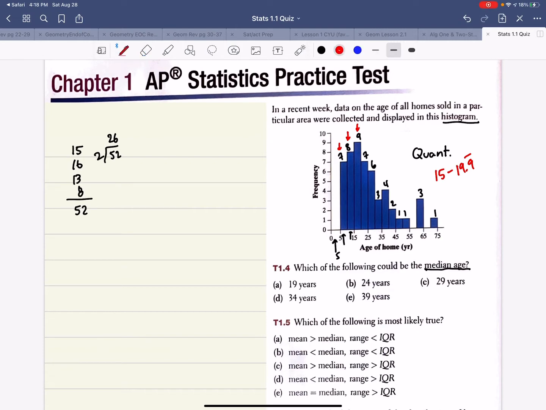I said it's this one, and this one makes 24. And I'm trying to get to 26, excuse me. Okay, so I'm here in this bin, 24, 25, 26. So it's in this bin. Yeah, so it's somewhere between 20 and 24.9. Repeating. So the only number in that range is B, our final answer.